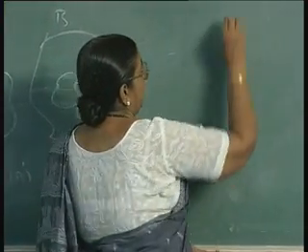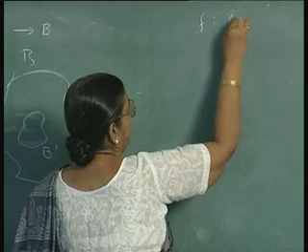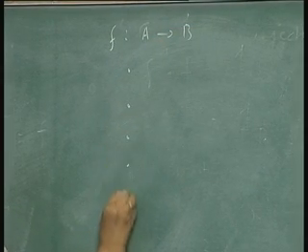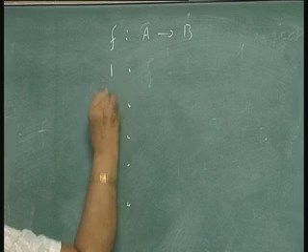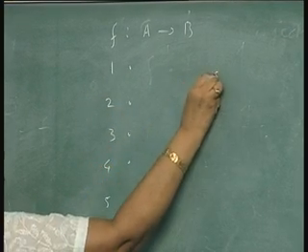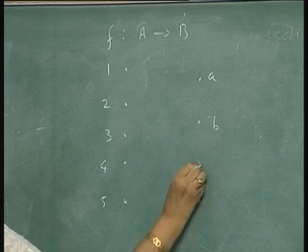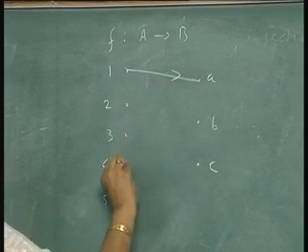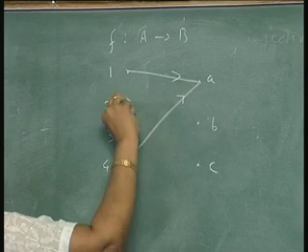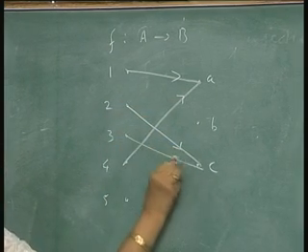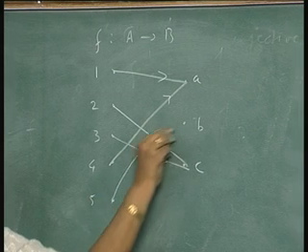Suppose f is a function from A to B, and there are some elements like this: 1, 2, 3, 4, 5, and B has 3 elements A, B, C. Now 1 is mapped onto A, 4 is mapped onto A, 2 is mapped onto C, 3 is also mapped onto C, 5 is mapped onto B.